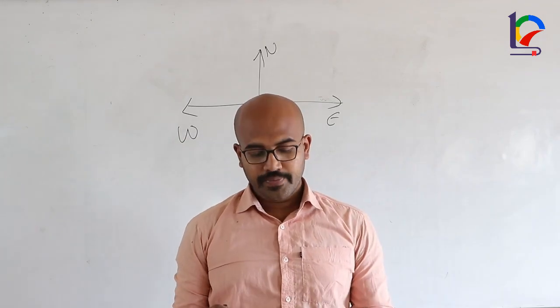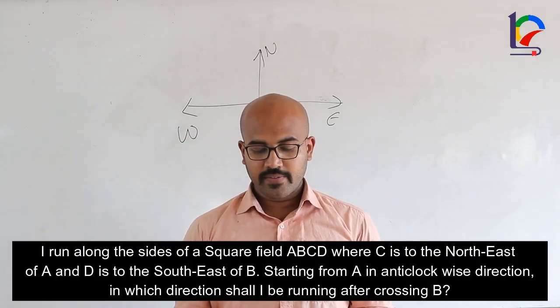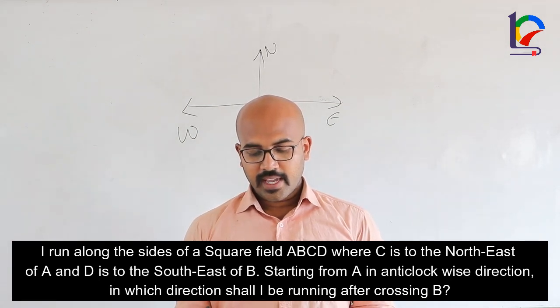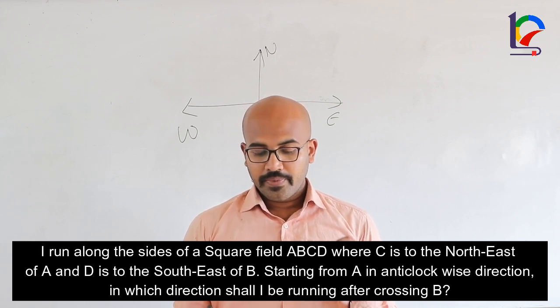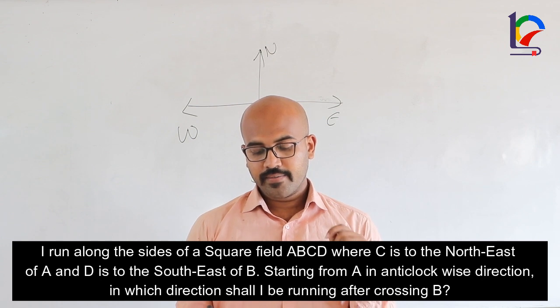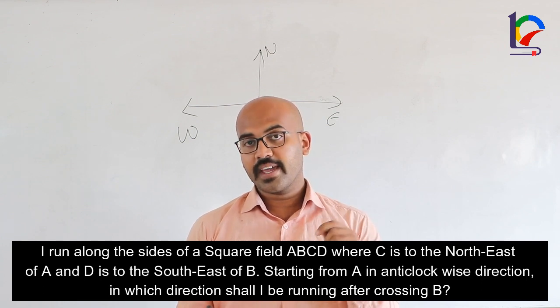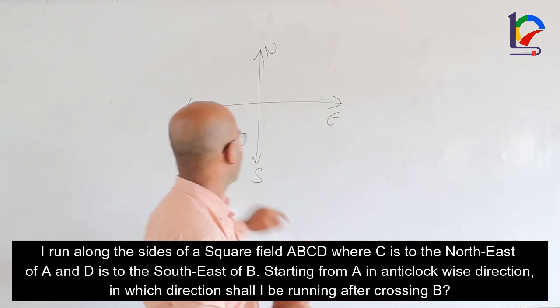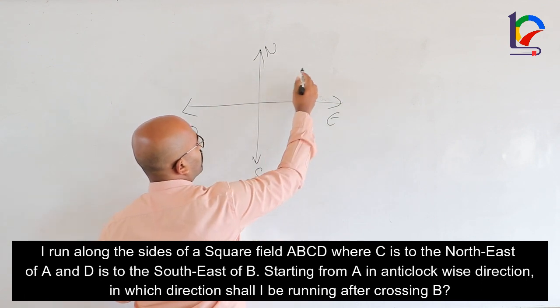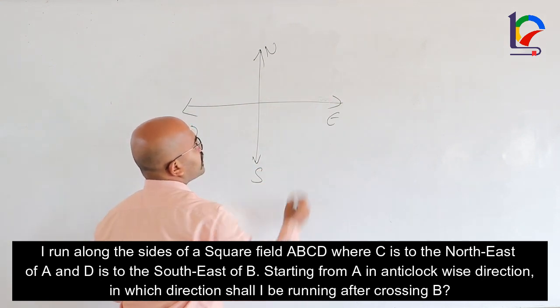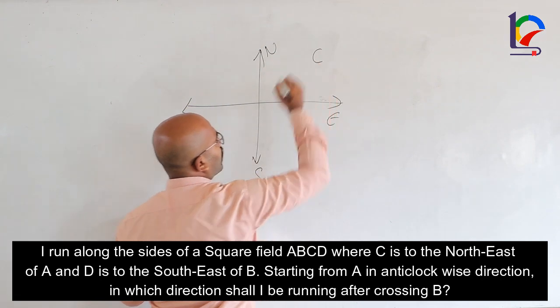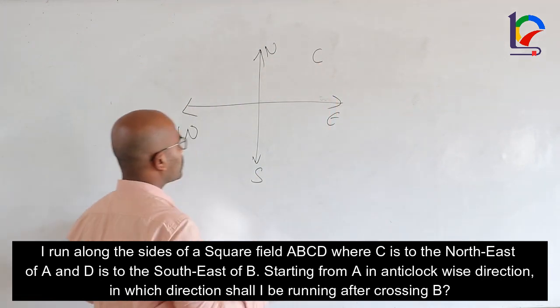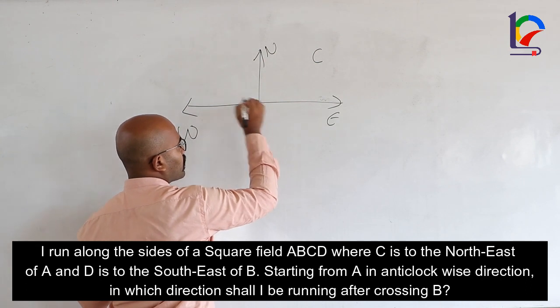Moving on to the next one. I run along the sides of a square field ABCD where C is to the northeast of A and D is to the southeast of B. So C is to the northeast of A. Northeast is here, so A will be somewhere here.